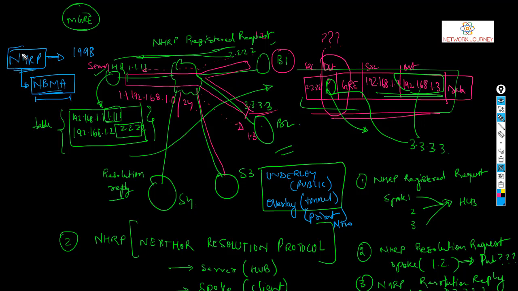Basically this protocol was used inside NBMA technologies as well, like ATM and X.25. Since we don't widely use these technologies, you might still see people using the word NBMA to refer to NHRP.